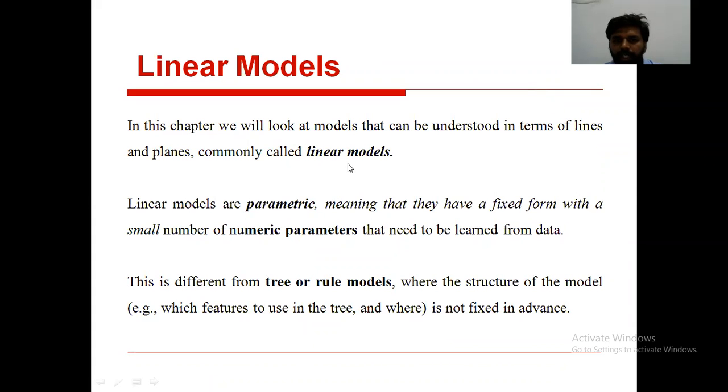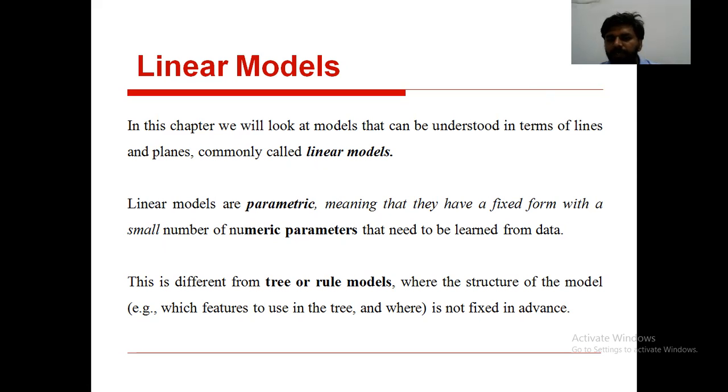Here, linear models work based on lines and planes. Where do we observe lines and planes? We observe lines and planes in the geometric model. In the geometric model, we use the x-axis and y-axis. The x and y-axis form a space that is called instance space.